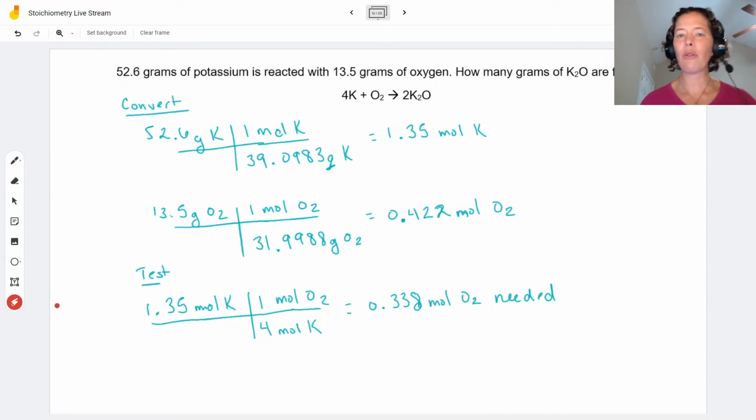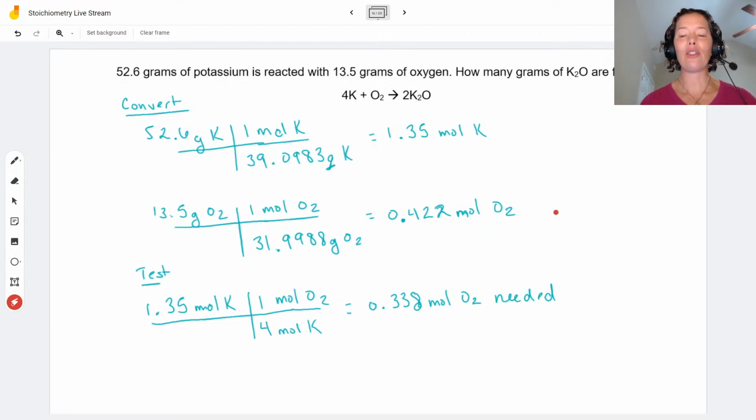And this is what is needed. Okay, so let's think through what our limiting is going to be. If I'm going to use all of my potassium, I need at least 0.338 moles of oxygen. How many moles do I actually have? Now, in this case, I'm not going to go back to my 13.5 grams of oxygen in the problem because I have converted that. I need 0.338 moles of oxygen. I have 0.422.